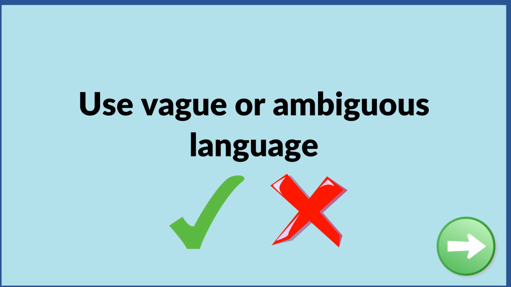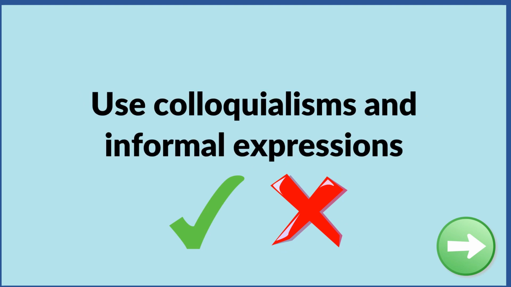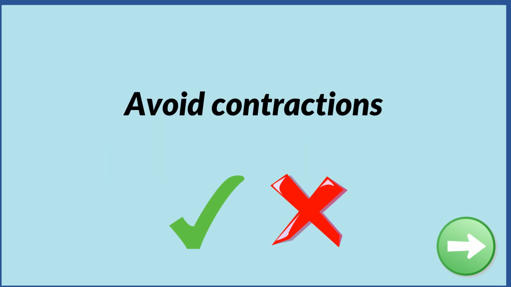Use vague or ambiguous language. Check or X? It's X. Awesome. Use colloquialisms and informal expressions. Check or X? It's X. Avoid contractions.